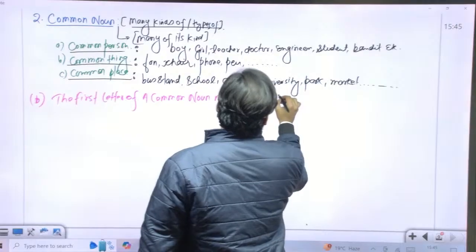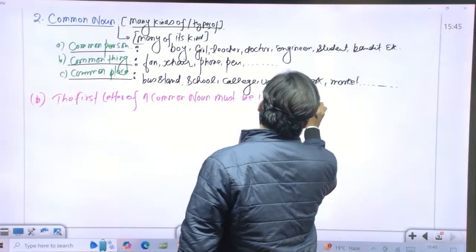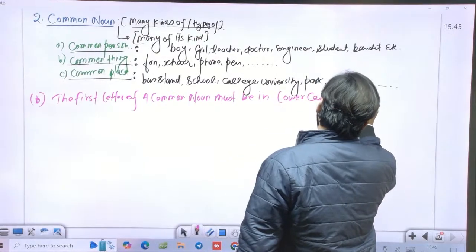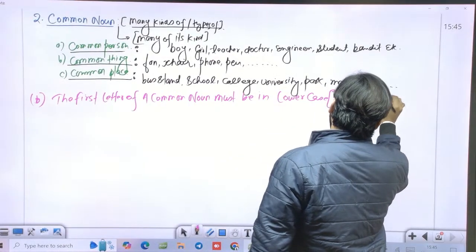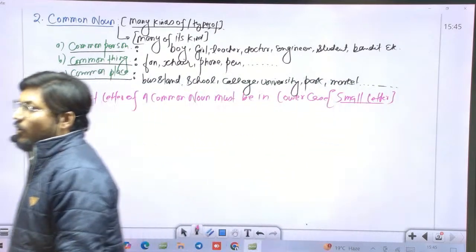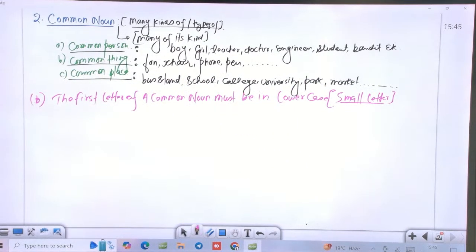In lowercase, and this is also known as small letter. So this is how you can identify whether you are using proper noun or common noun.